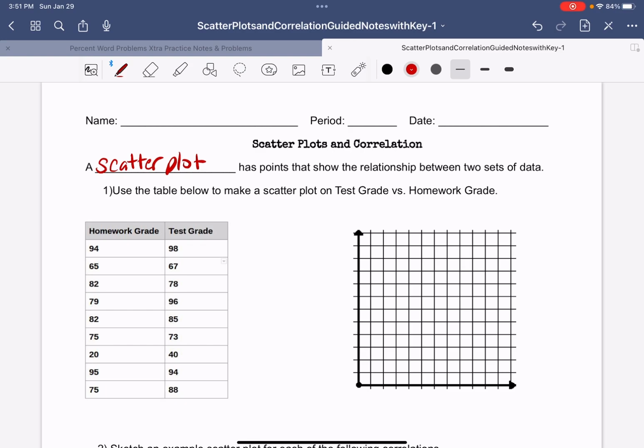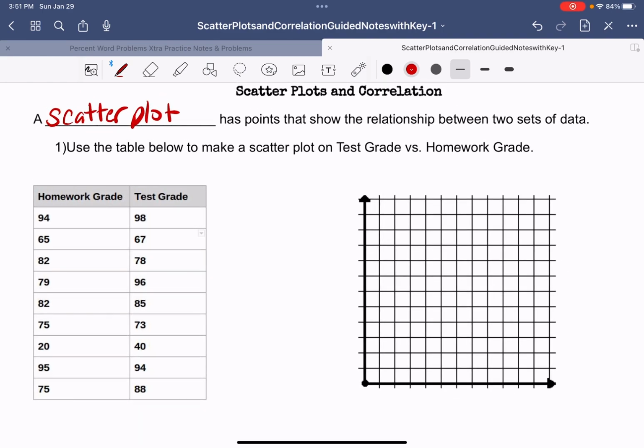So this first example right here says use the table below to make a scatter plot of test grade versus homework grade. So my question to you, without actually plotting this data, is would we hypothesize that we would tend to have higher test scores for higher homework grades, or the more times that we complete our homework?